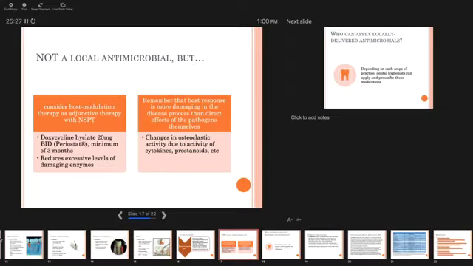Doxycycline hyclate, 20 milligrams, BID, which if you think back to your pharm, BID is twice a day, is Periostat, and it's a minimum of 3 months. And this reduces excessive levels of damaging enzymes. So doxycycline hyclate can be an excellent option for our patients. We do not currently prescribe that in the dental hygiene program, but it may be something that we're able to implement in the future.